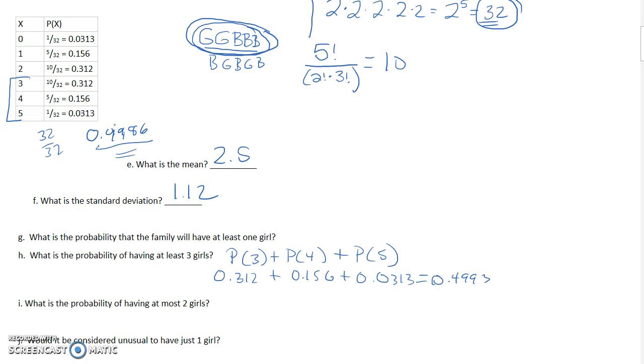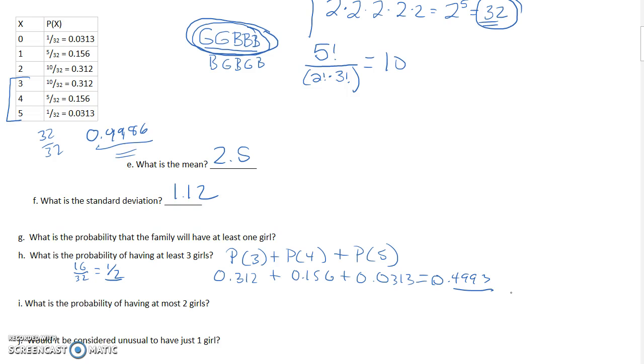Please know that if you do the fractions, take a look. If I do the fractions, 10 plus 5 is 15 plus 1. It's going to give me 16 over 32, which is 1/2. The reason we're getting a slight discrepancy here is because those decimals have been rounded.